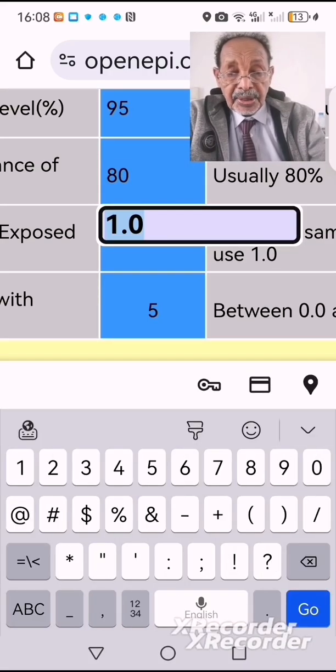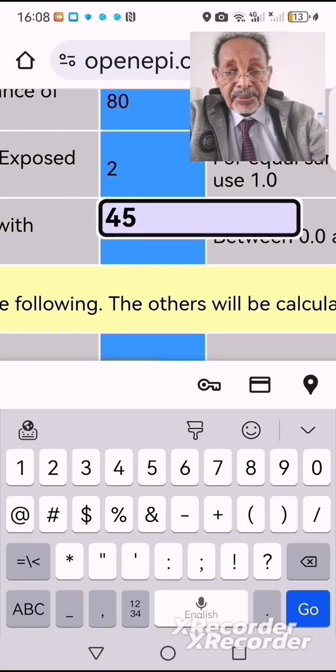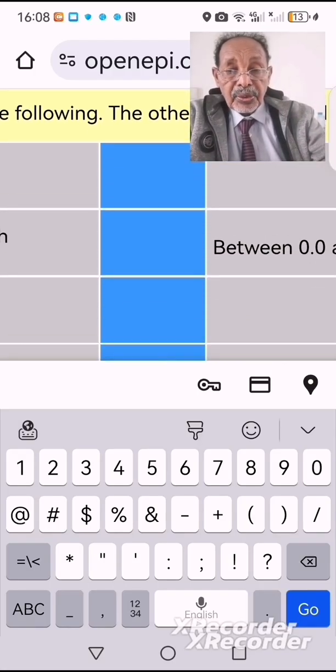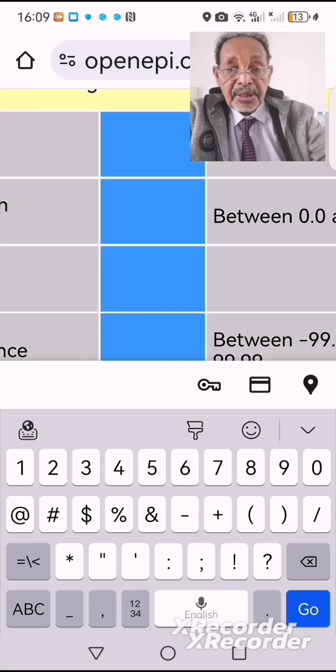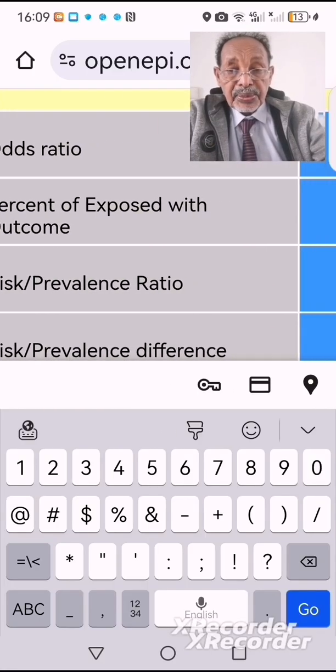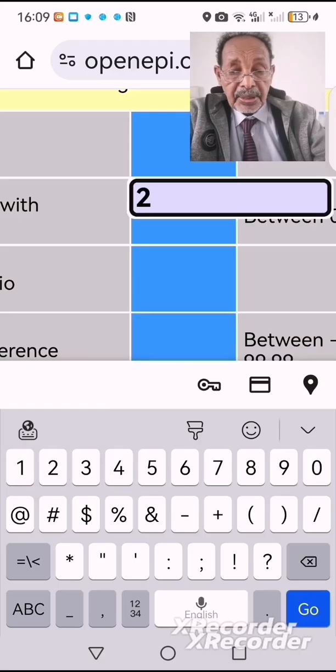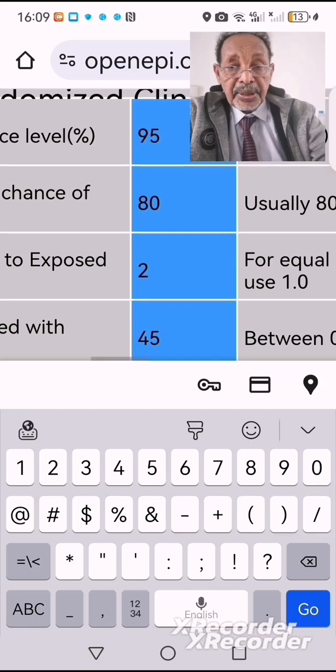So we insert here 2. 2 means 2:1. And we said this is 45, right? And the expected for the negative pressure, percent of the exposed, it is here, let us say 20% as before. And we go back and calculate.